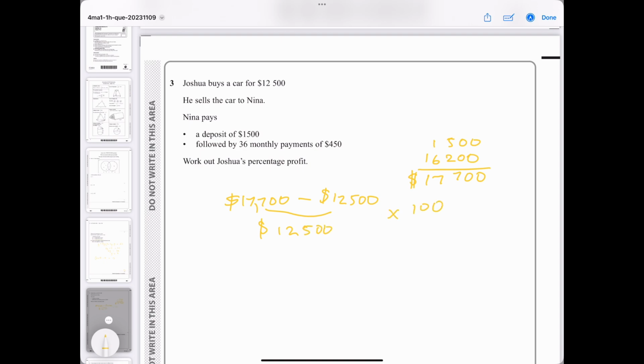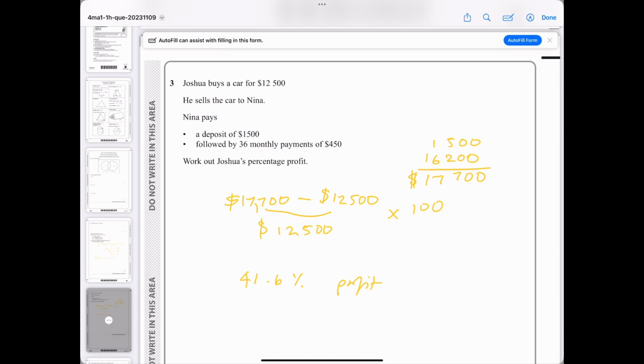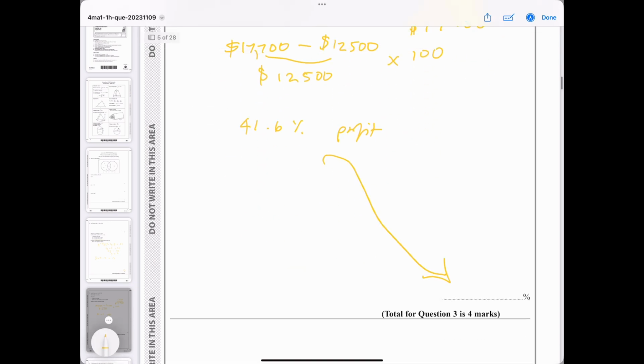So minus 12,500 equals 5,200 divided by 12,500, and then times by 100. And that gives us 41.6. So he makes 41.6% profit, which is loads.